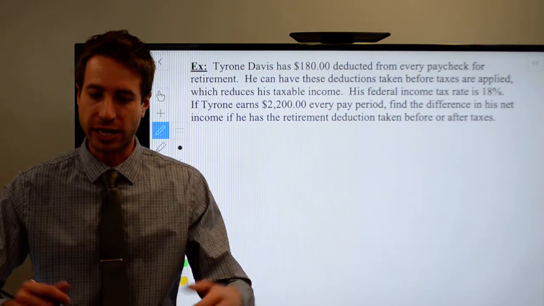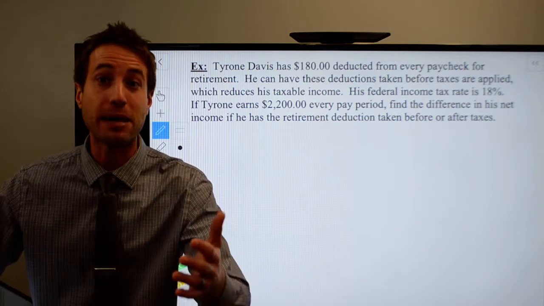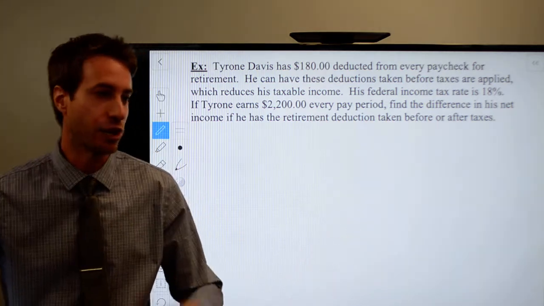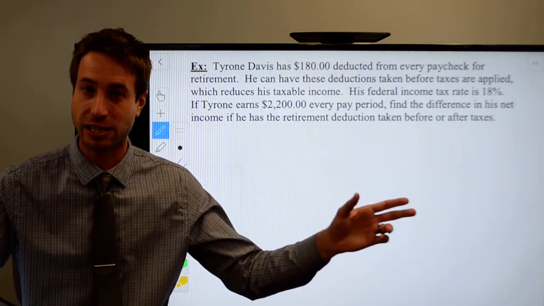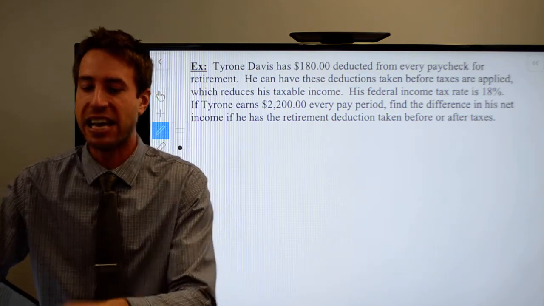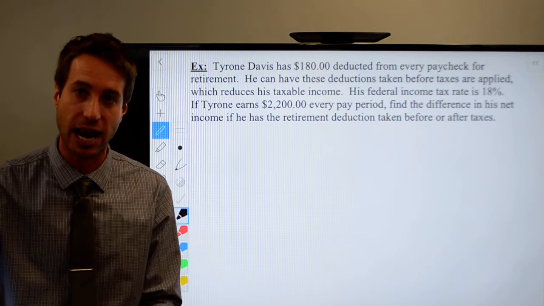If you get somebody in office who raises taxes right about the time you retire, well, tough luck. You're now paying a higher tax rate on that retirement money than you would have if you had been taxed on it prior to putting the money into the retirement account, right?